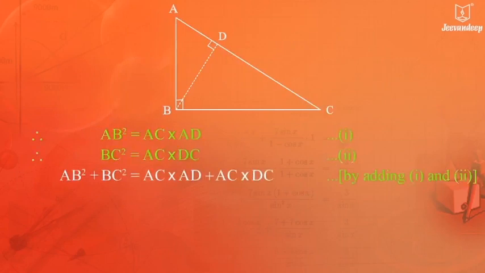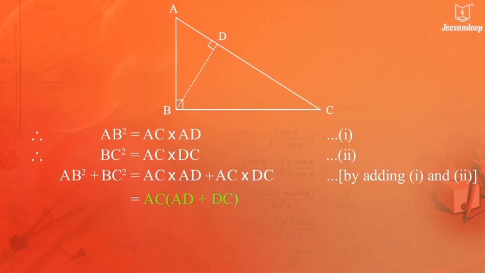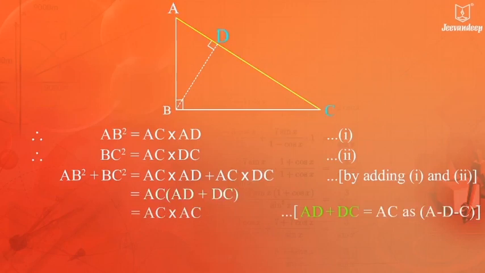Adding equations 1 and 2, we get AB square plus BC square equals AC multiplied by AD plus AC multiplied by DC, or AC multiplied by AD plus DC, as AD plus DC equals AC, or AC multiplied by AC equals AC square.